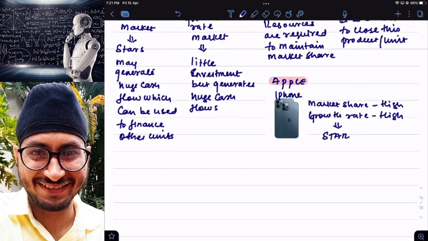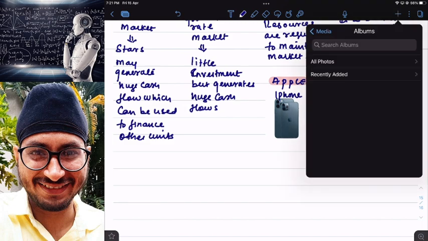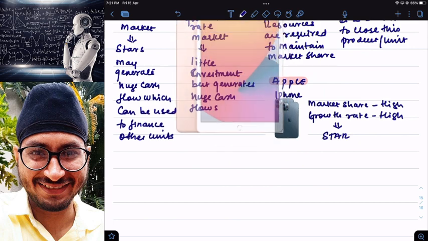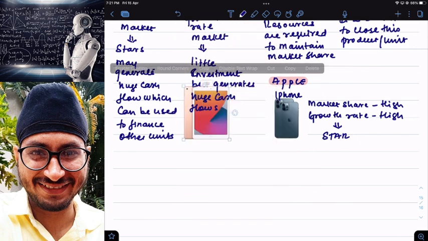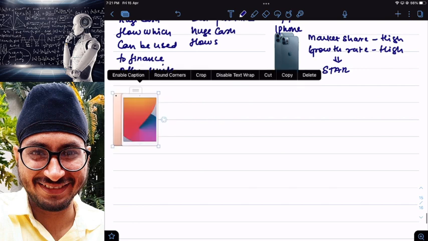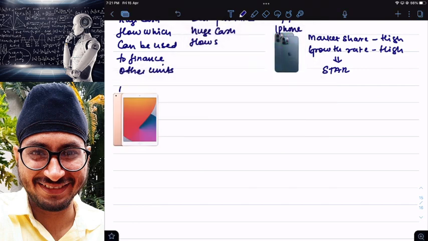Next, one more product of Apple, let us see. I will add here. This is iPad, Apple's iPad. We have market share and we also have growth rate.